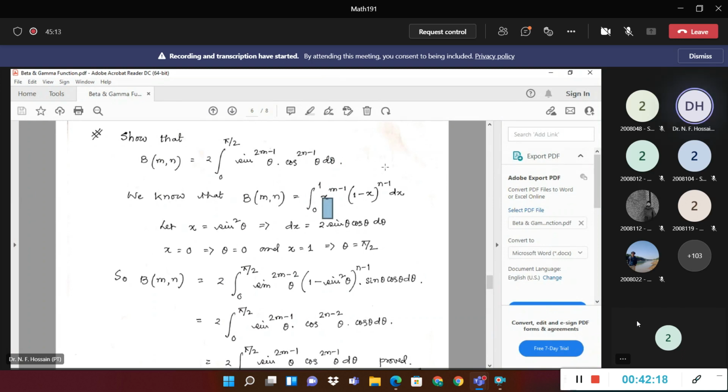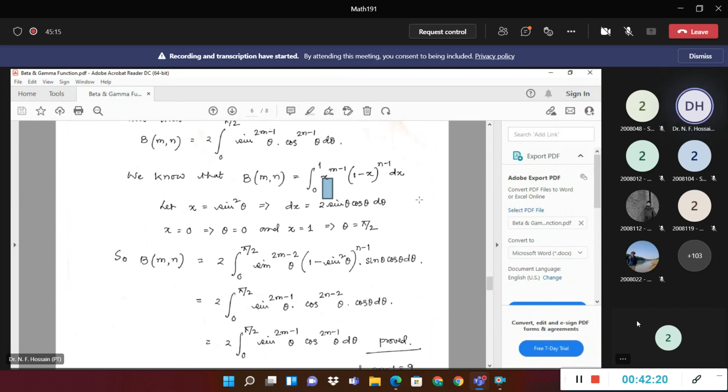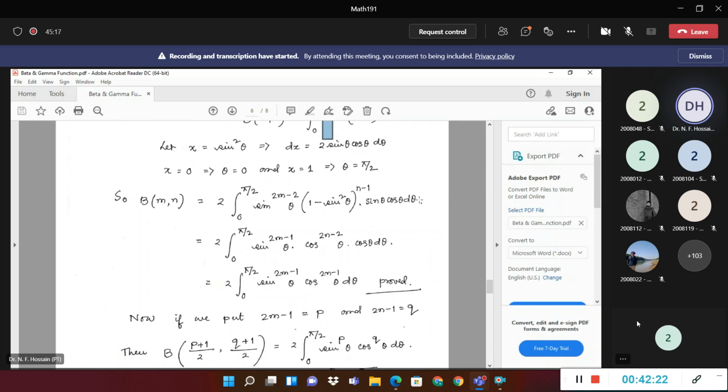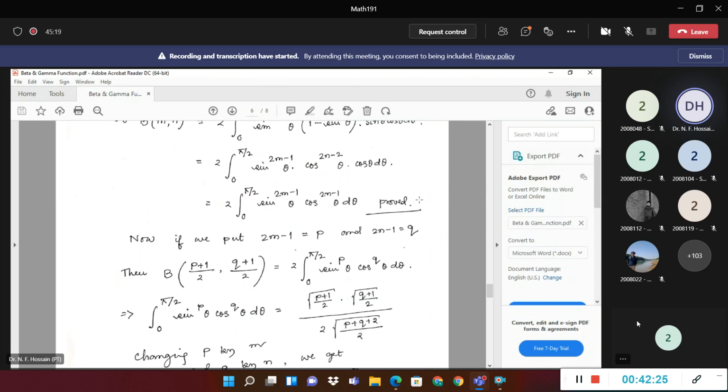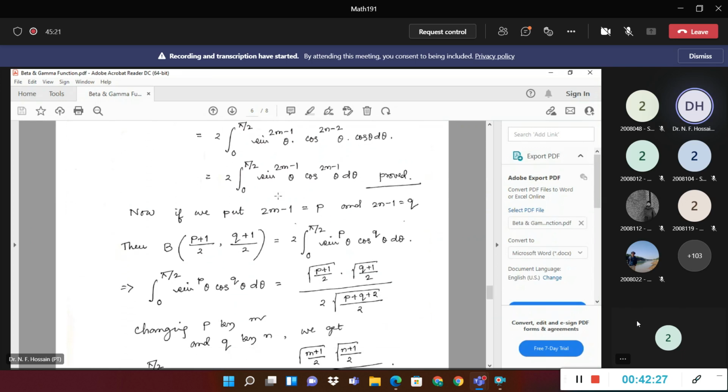Okay. Now we can get another expression for this integral 0 to pi by 2 sine cos. Let us put 2m minus 1 equals to p and 2n minus 1 equals to q. So m equals to p plus 1 divided by 2 and n equals to q plus 1 divided by 2.